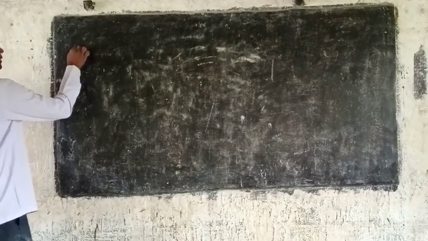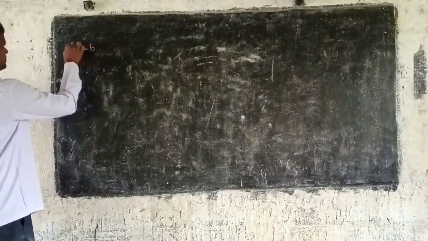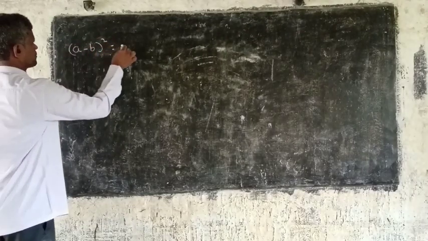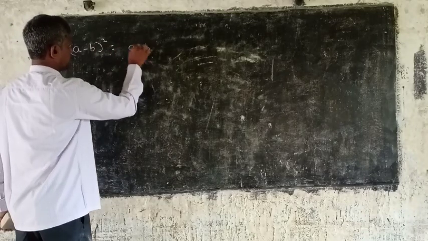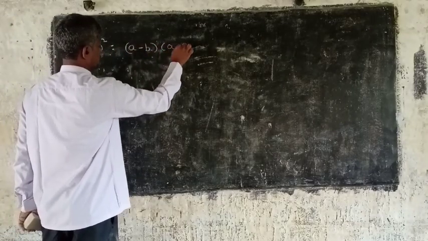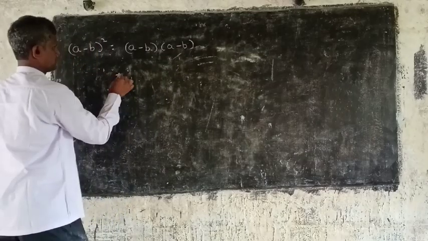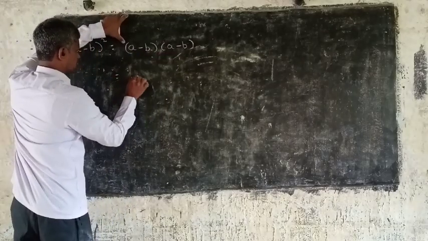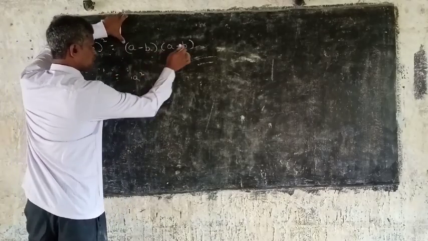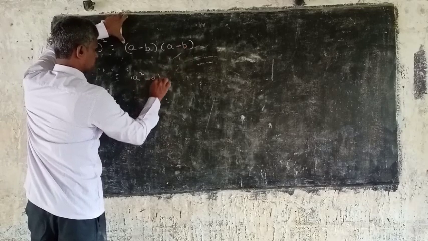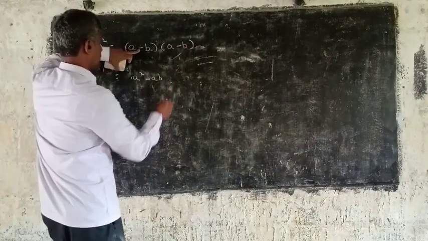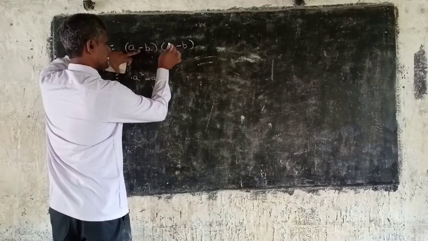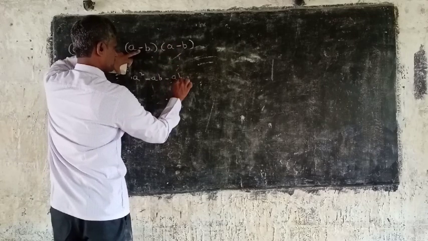Next one, (a minus b) whole square equal to (a minus b) into (a minus b). A into a, a square, a into minus b, minus ab. Again minus b into a, ba or ab.